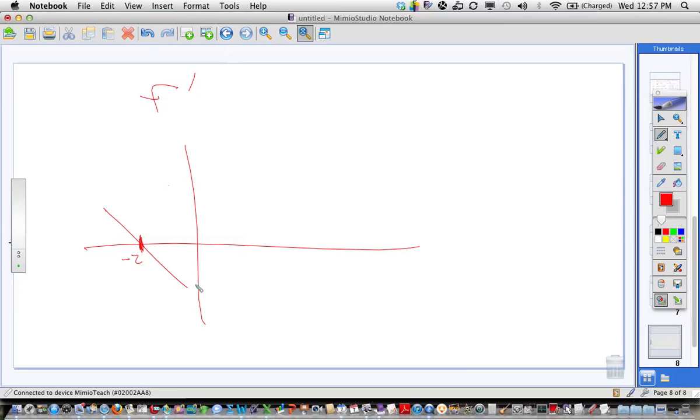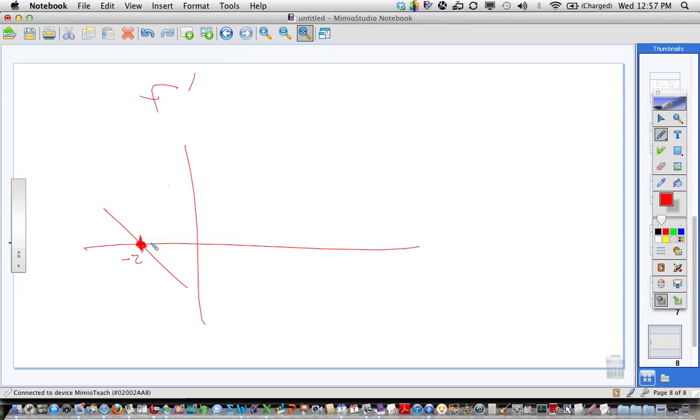If I've got an F prime graph and it does something like this, I'm going to be really interested in that point, the fact it crosses right there at -2, right? Because what does that mean? Doesn't that point mean that F prime is 0? Isn't that what that means?